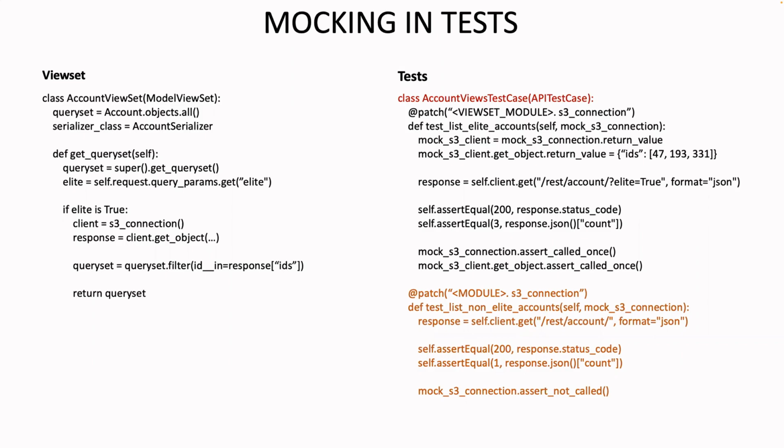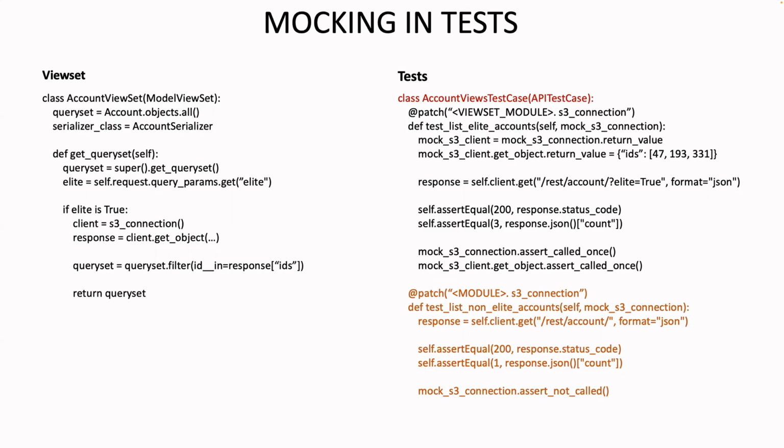Now, because I love behavior driven testing, I had to put in a second test, the one in orange. I think that's orange. Yeah, the one in orange, where I check that if I don't provide the elite query parameter, S3 isn't called at all, right? Because you want to make sure that it's also not called.